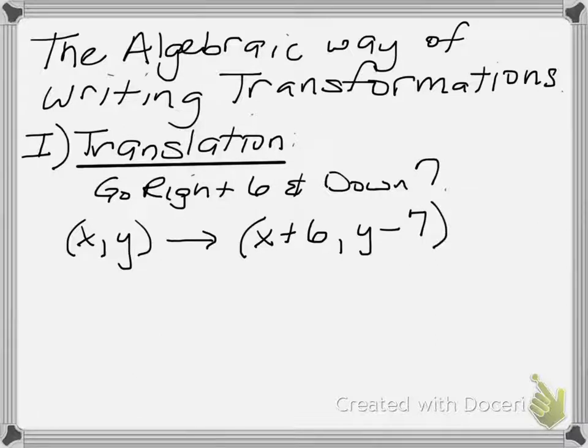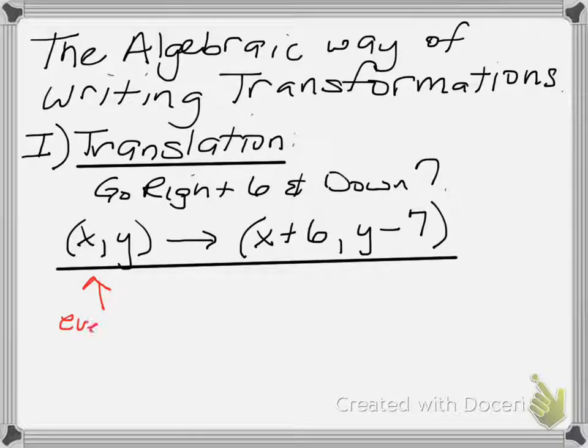So this right here that I'm underlining is the correct way of writing the algebraic way of a transformation, in this case a translation. This coordinate right here stands for every point of the preimage.